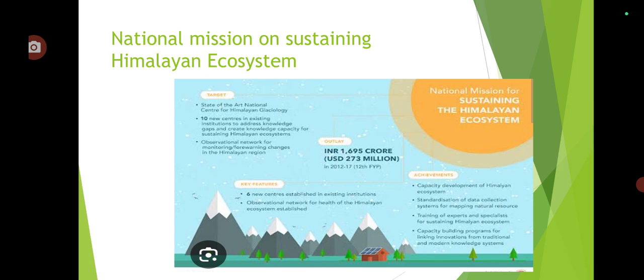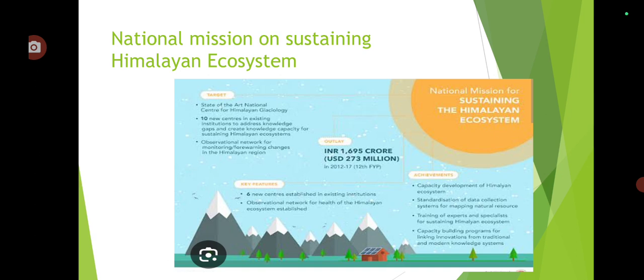Its main objective is to facilitate formulation of appropriate policy measures and time-bound action programs to sustain ecological resilience and ensure the continued provision of key ecosystem services in the Himalayas.